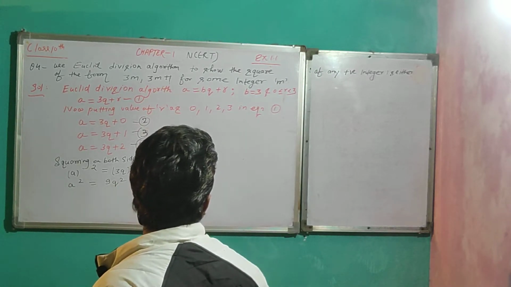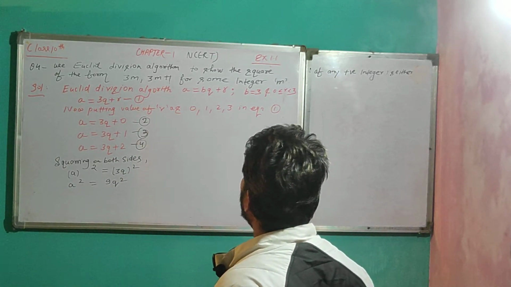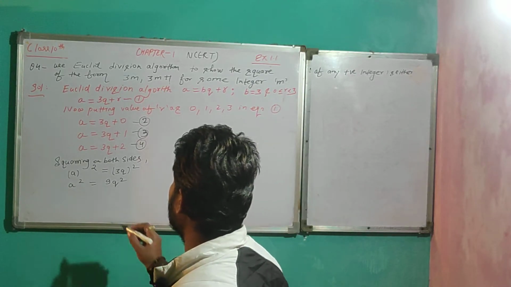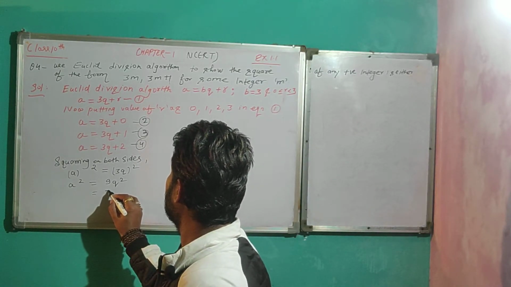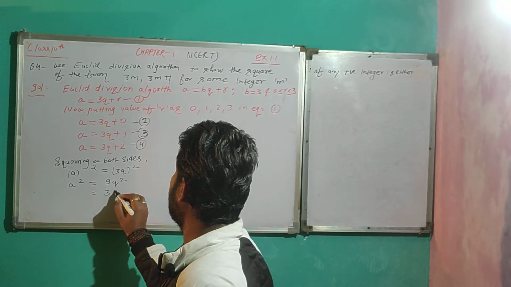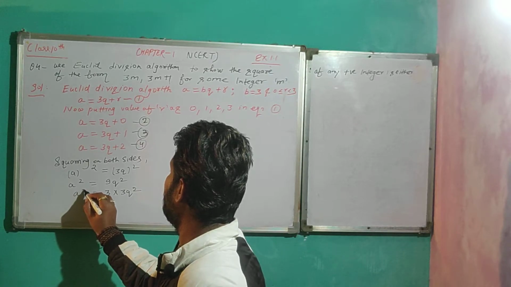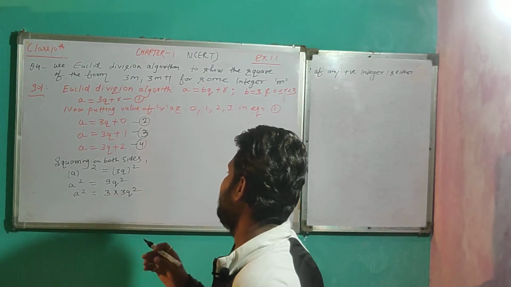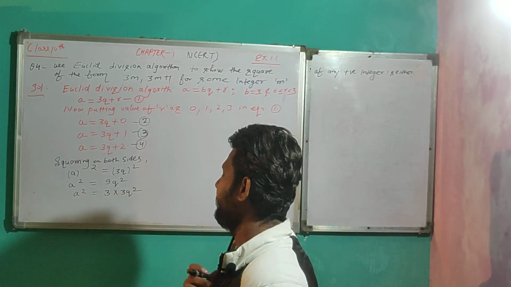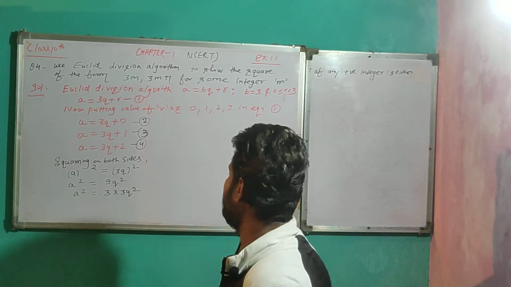Now, this can be written as 3 into 3q square, so factorizing 9q square as 3 into 3q square.